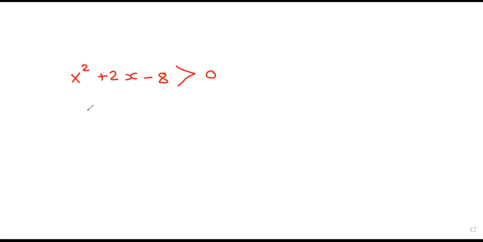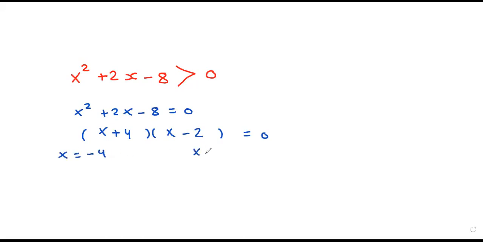So first of all, put x squared plus 2x minus 8 equaling 0. Then factorize: x plus 4 and x minus 2 equaling 0. Then x equals minus 4 and x equals 2.